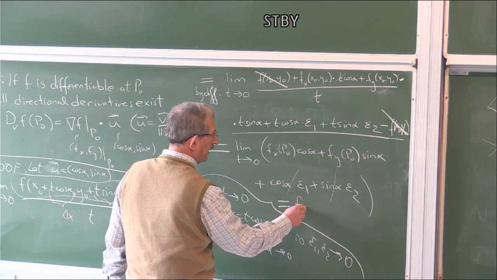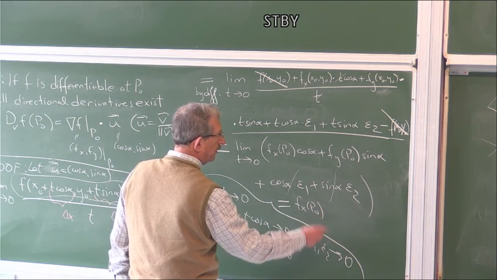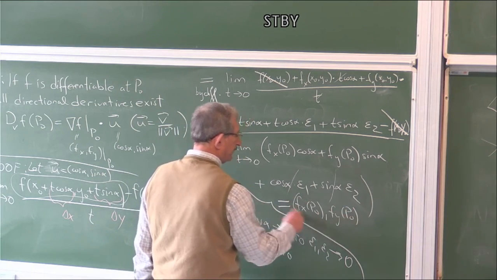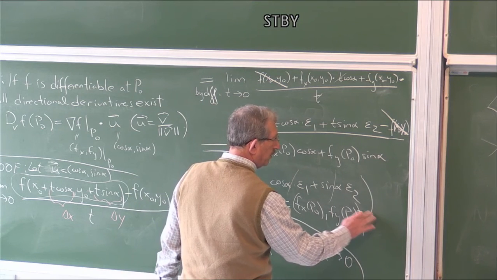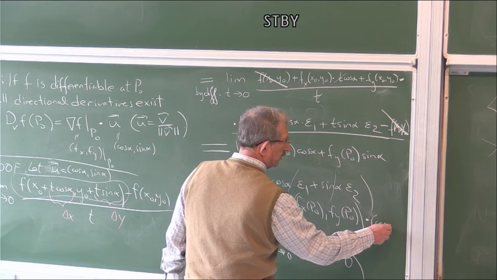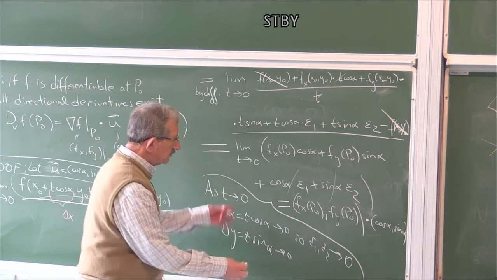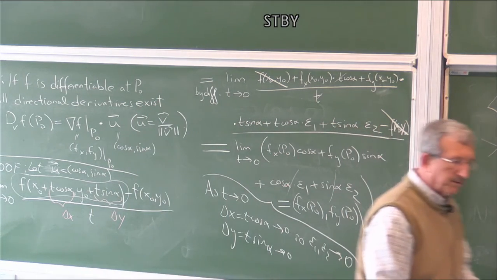We have f sub x at p0, f sub y at p0, dot cosine alpha, sine alpha. So this finishes the proof.